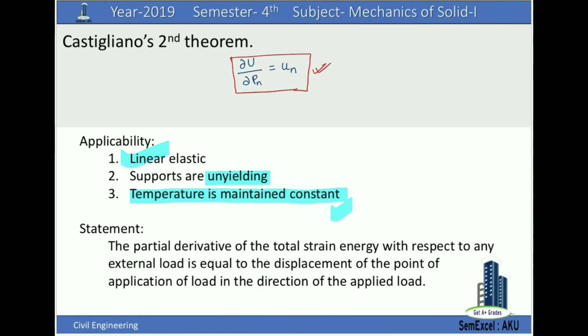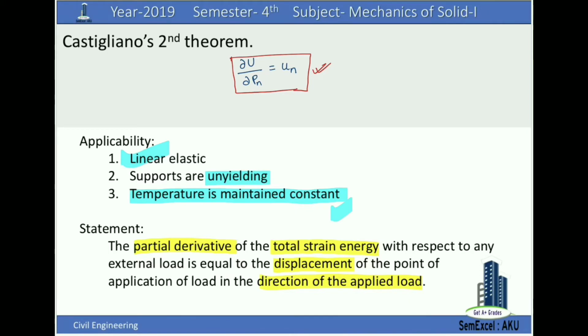Statement: the first partial derivative of the total strain energy with respect to any external load, that is Pn, is equal to the displacement of the point of the application of load in the direction of applied load.